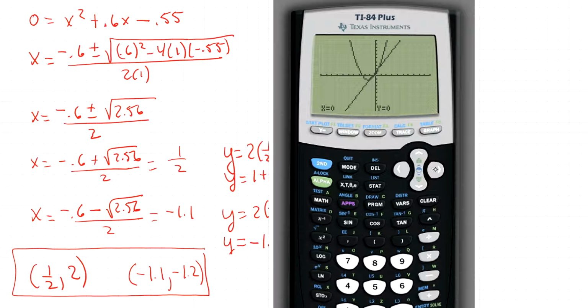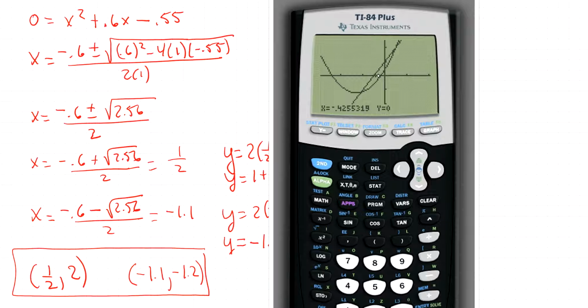I don't know if you guys can see that, but there's a little cursor right here. So you get that where you need it, and then you hit enter again. And so now it's going to zoom in to that spot. And so it looks like at this point we have an intersection. So the x is negative 1.1.